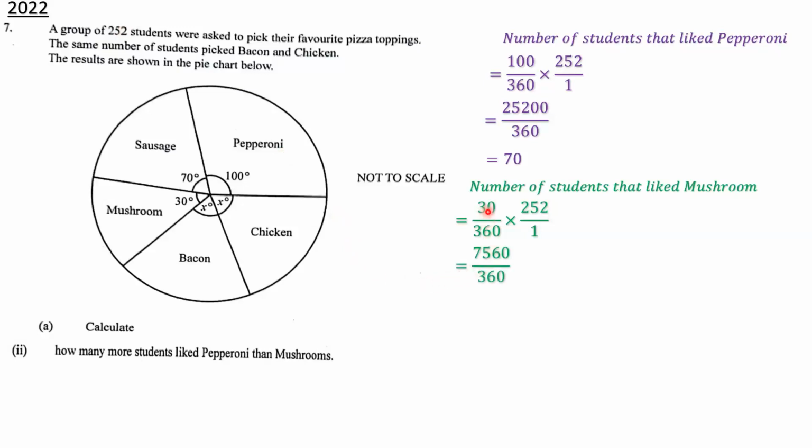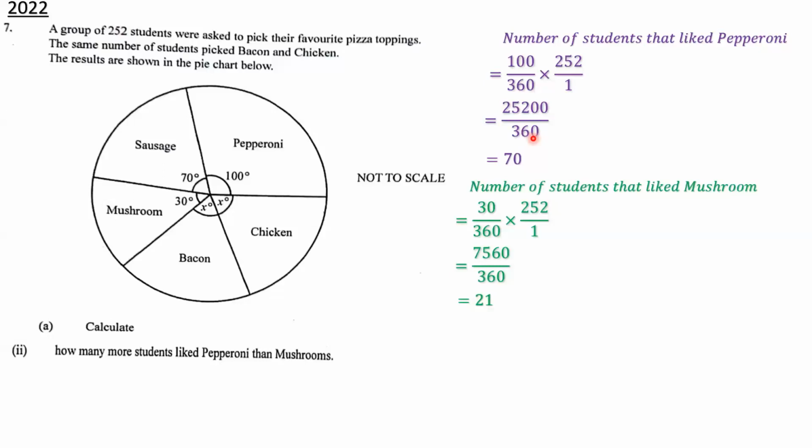And then 360 multiplied by 1 is going to be 360. Next, we divide. 7,560 divided by 360 is going to be equal to 21. So the number of students that like mushroom is 21.